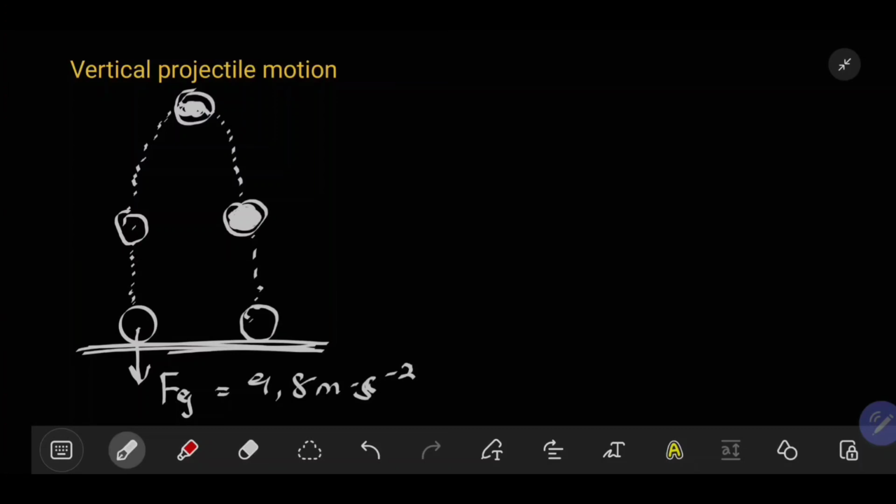So during this vertical projectile motion, the object's initial velocity determines how high it will rise before starting to fall back down. As the object rises, its velocity decreases due to the opposing force of gravity.